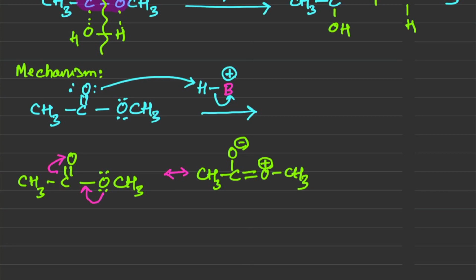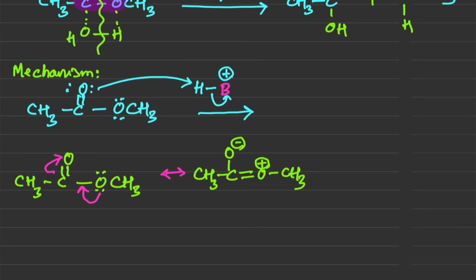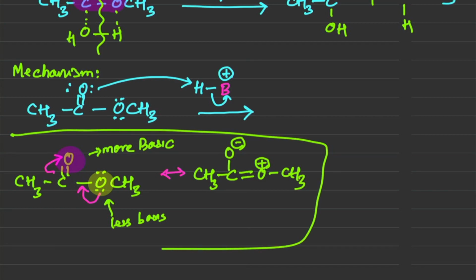As a result, we know that this oxygen is more basic because it wants to abstract a proton whenever it gets a chance. Okay, so that is the rationale behind it. This oxygen here is slightly less basic, and that is the rationale behind it.